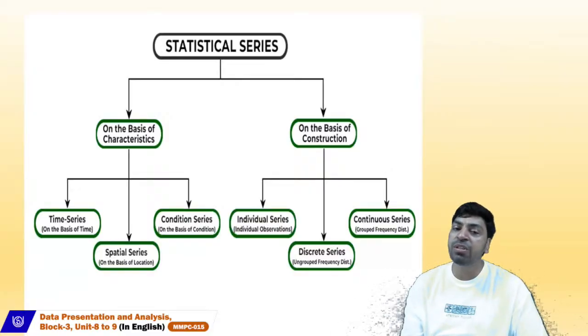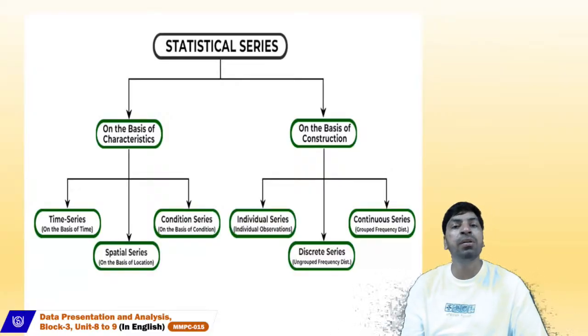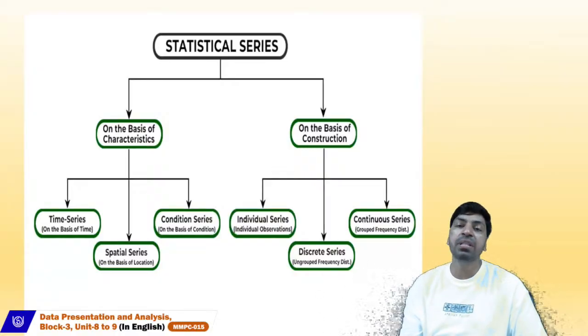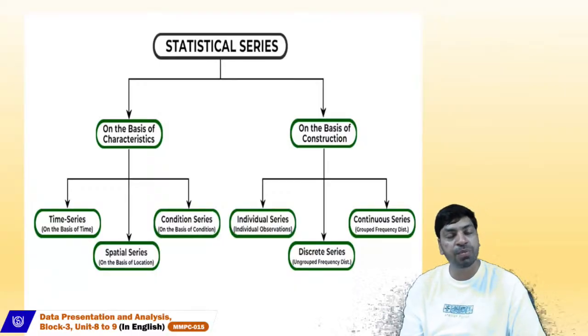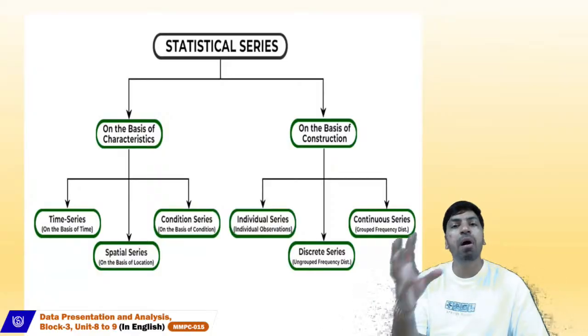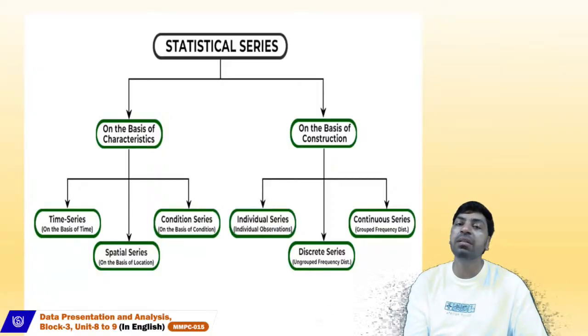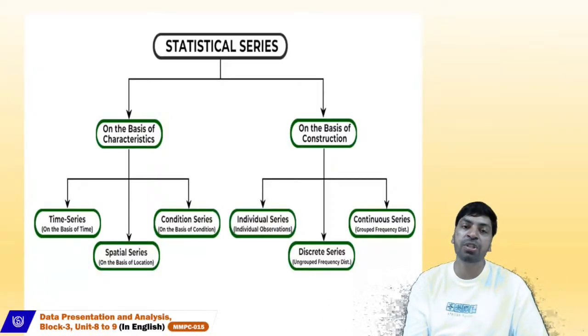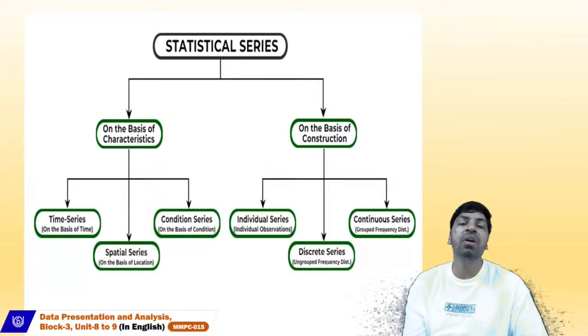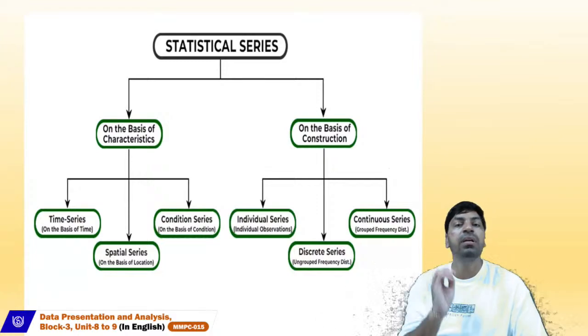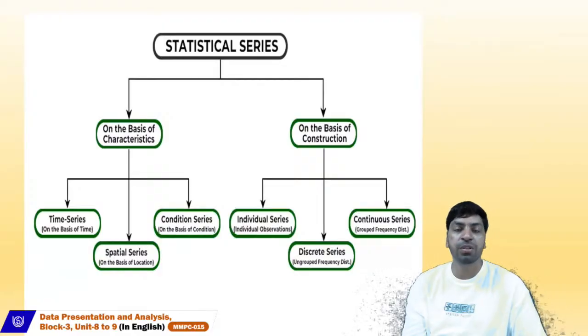Here we can talk about the grouped and ungrouped frequency distribution. In case of discrete, we always talk about the ungrouped frequency distribution. But when we talk about the continuous series, we consider the grouped frequency distribution, because this category always includes the intervals, the class intervals.